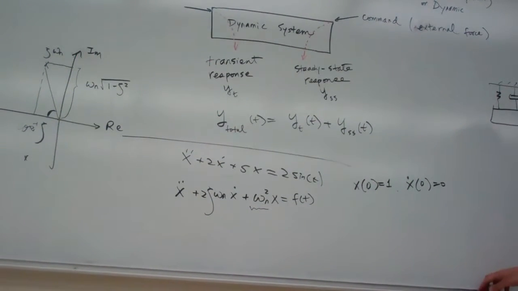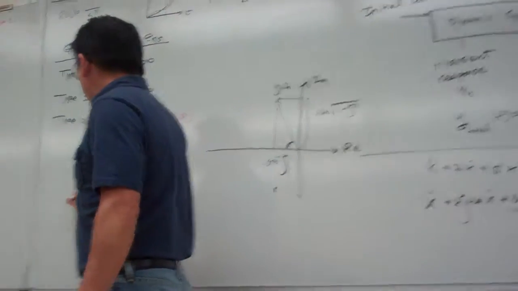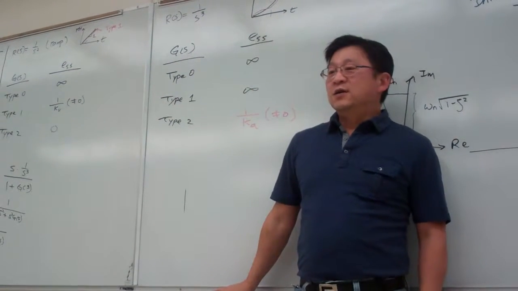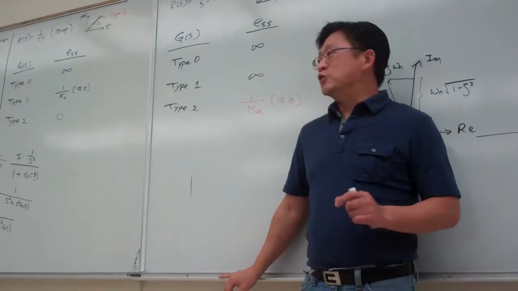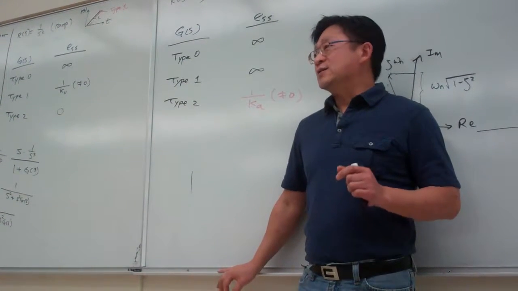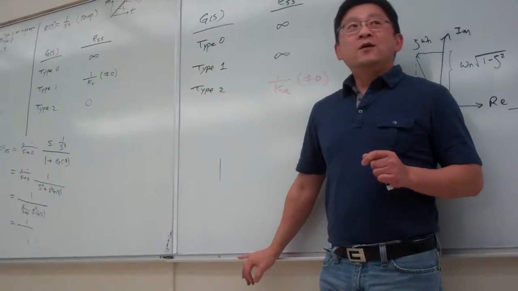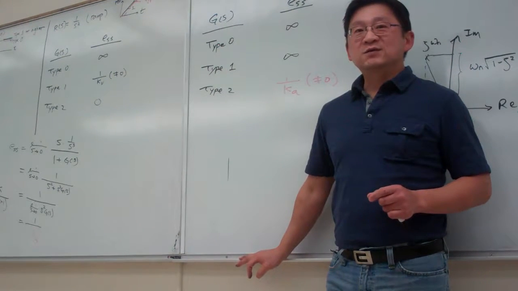For controls, if you remember the lecture notes, when we define the transfer function, we assume the system initial conditions are 0, which means the transfer function is only to study the steady state response of the system.